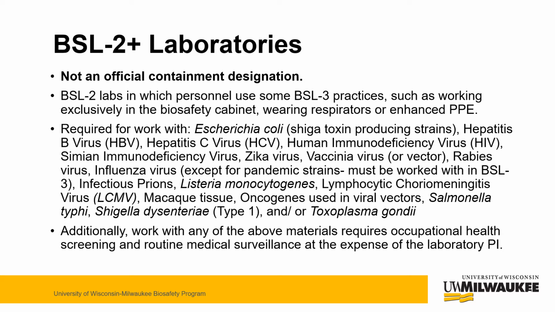If you plan on working with the following agents, you will be required at a minimum to work in BSL-2 plus or higher, depending on what the Institutional Biosafety Committee decides upon protocol review.